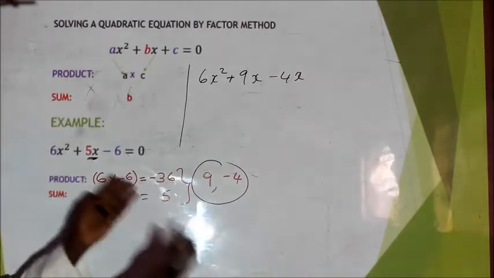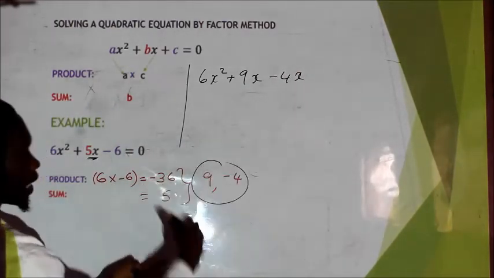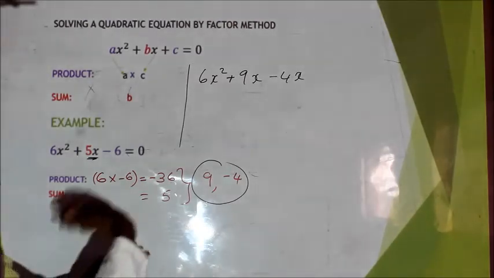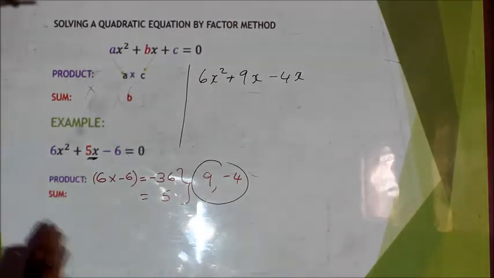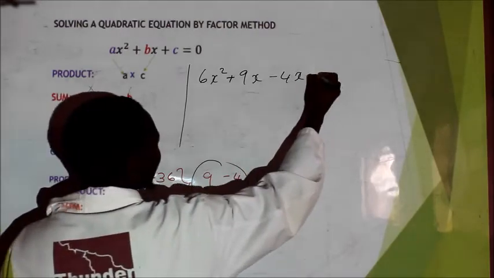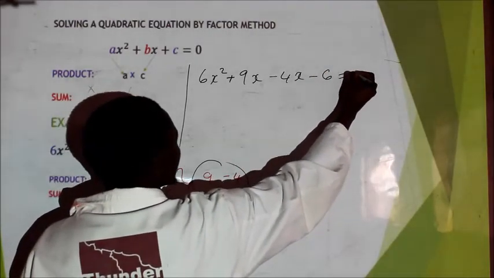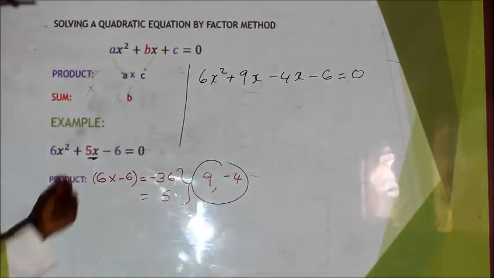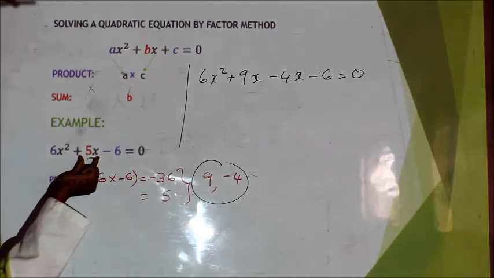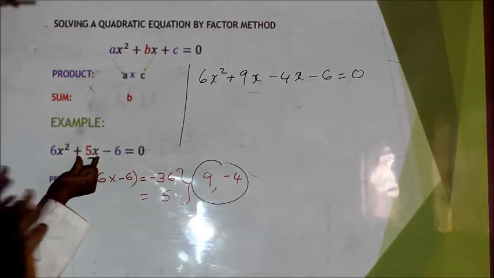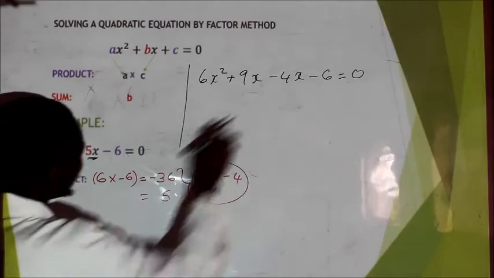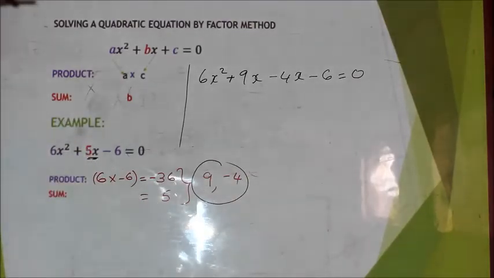Doesn't matter which one you start with, you can even start with minus 4x plus 9x, or you can do it the way I've done, 9x minus 4x, no issue. Minus 6 should give me 0. So I've now broken this part into 2, so that 9x minus 4x will still give you 5x if you decide to bring it together.